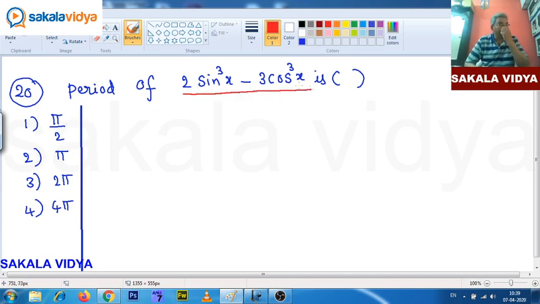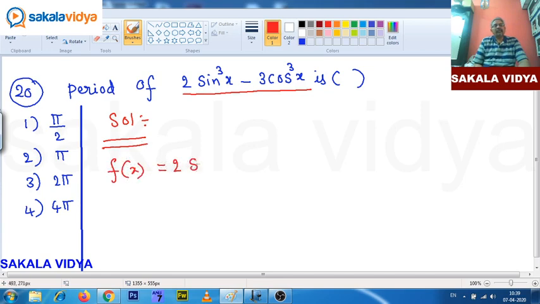Here 3 is odd. So whenever odd, let us see what you get. First let us write f of x is equal to 2 sin cubed x minus 3 cos cubed x. I will give one clue for you.